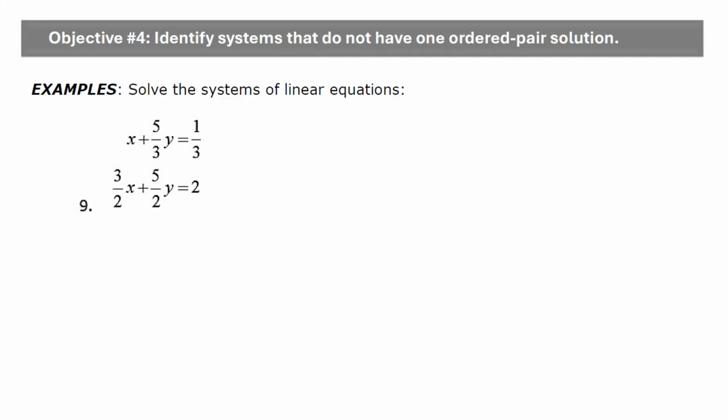And let's begin with number 9. Okay. All right. Now this system contains fractions. So we looked at a system with decimals and I showed you how to convert that to where your coefficients are whole numbers. Now for this system, we have fractions. So in order to make this easier for us to solve, we're going to convert our coefficients to whole numbers as well by getting rid of denominators.